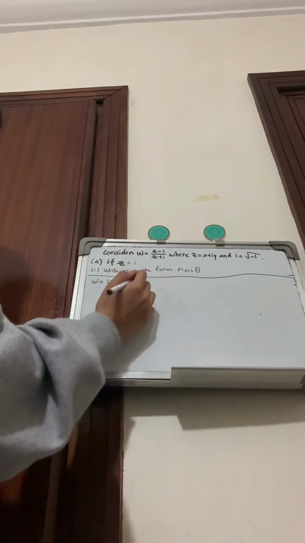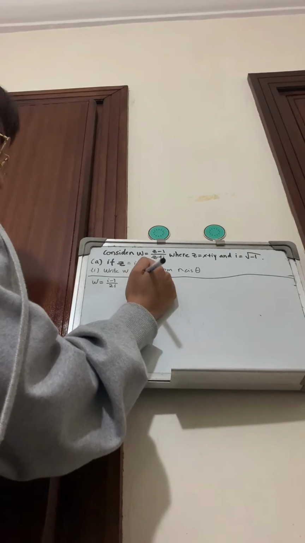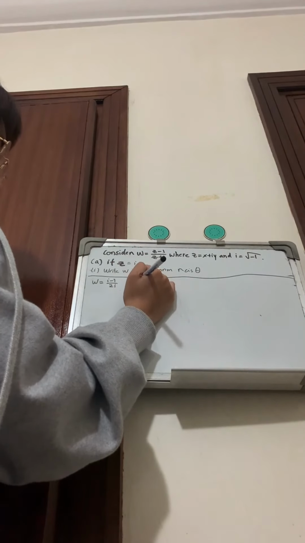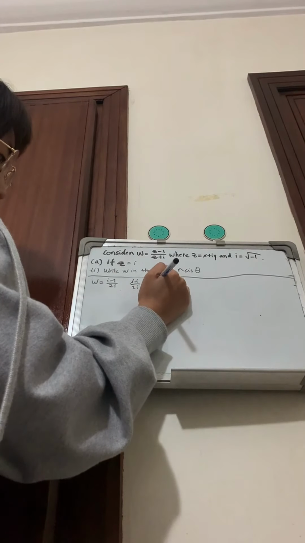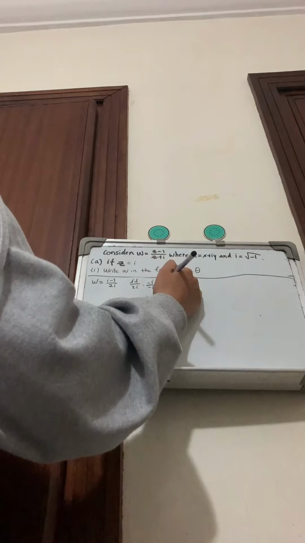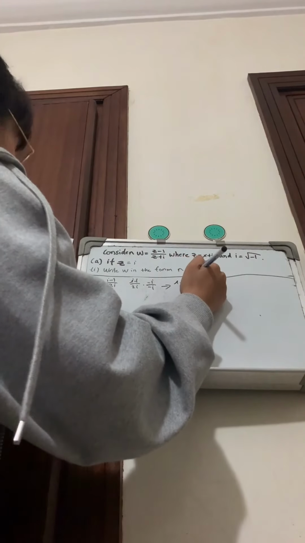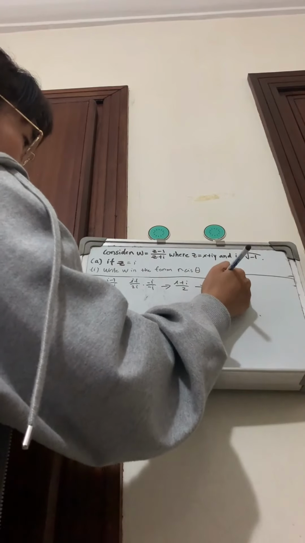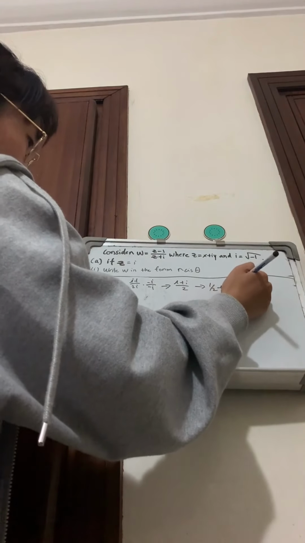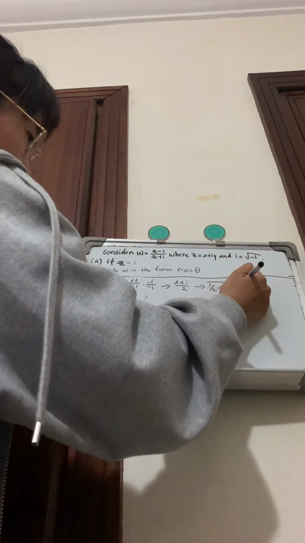To get rid of the i, we could multiply (i minus 1) over 2i by negative i over negative i. And if you split the fraction, you would have 1 over 2 plus 1 over 2i.